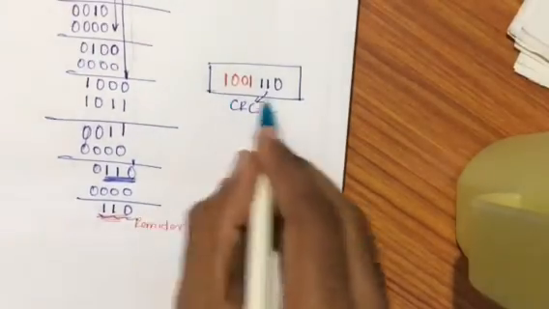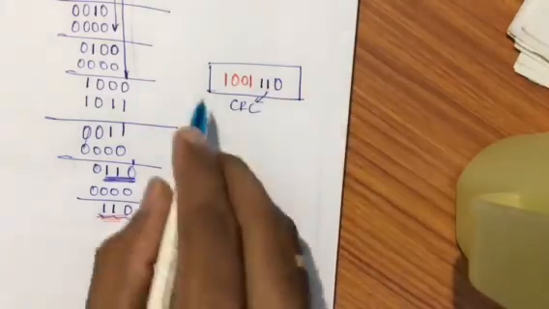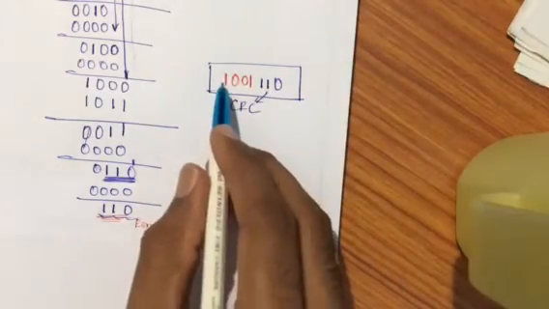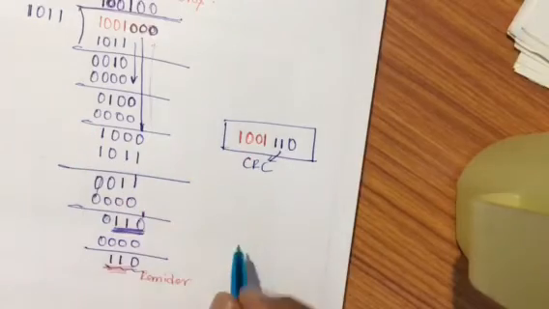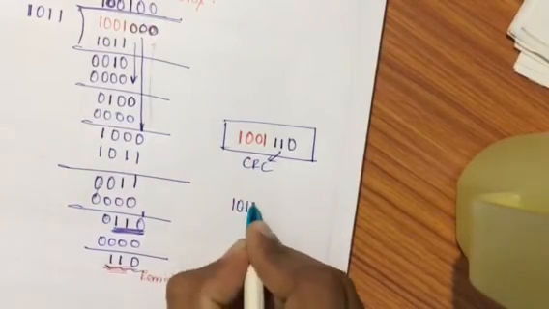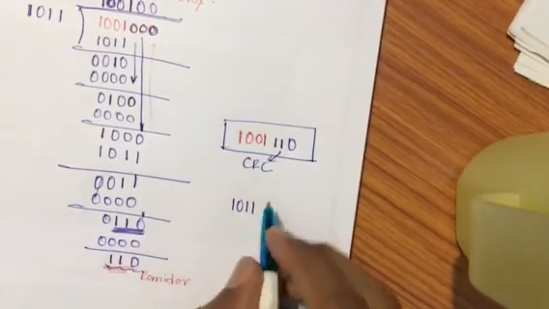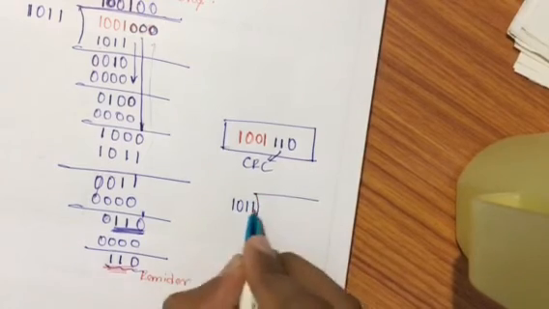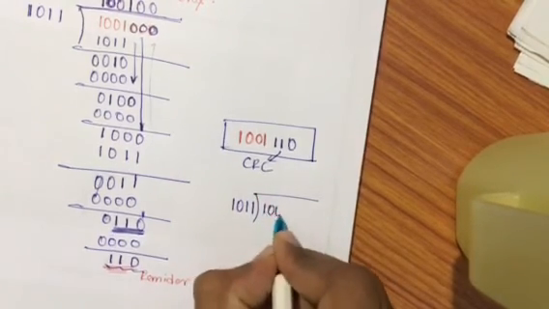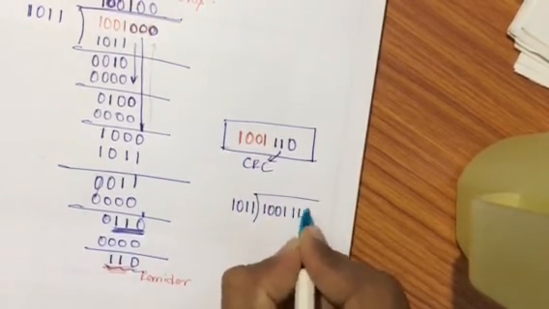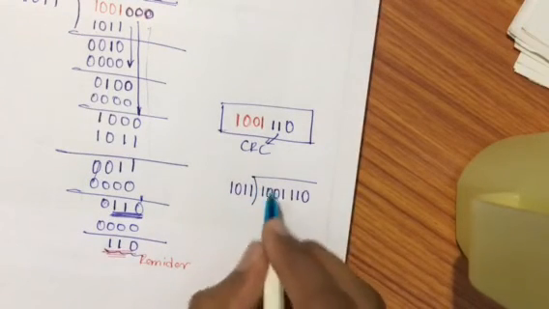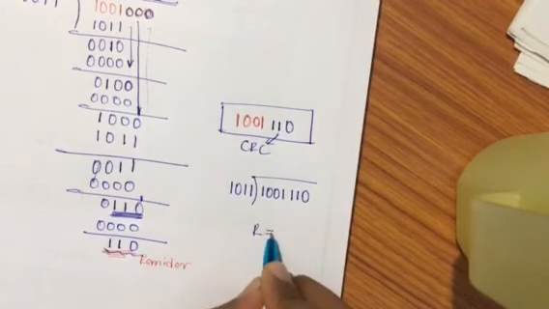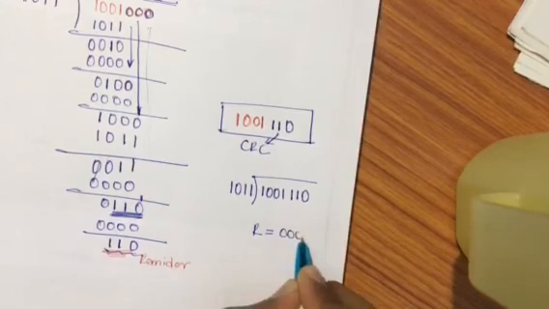If this data is received properly as such, and you do the same division operation, that is, you take the generator polynomial at the receiver end, and that generator polynomial divides this particular data, then after this division operation the remainder will be 0 0 0.